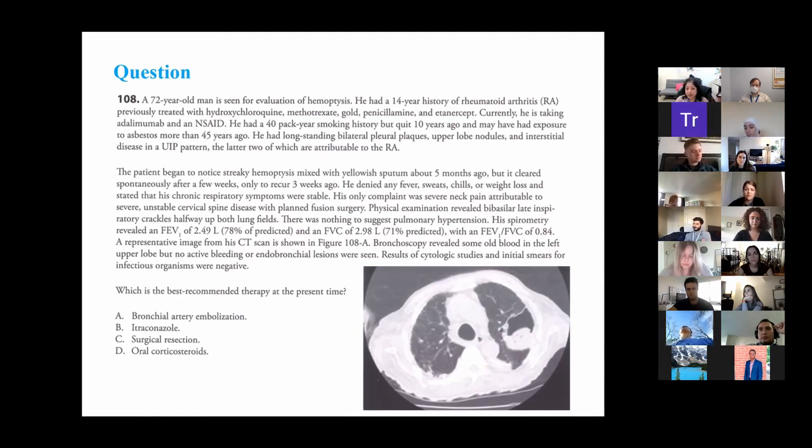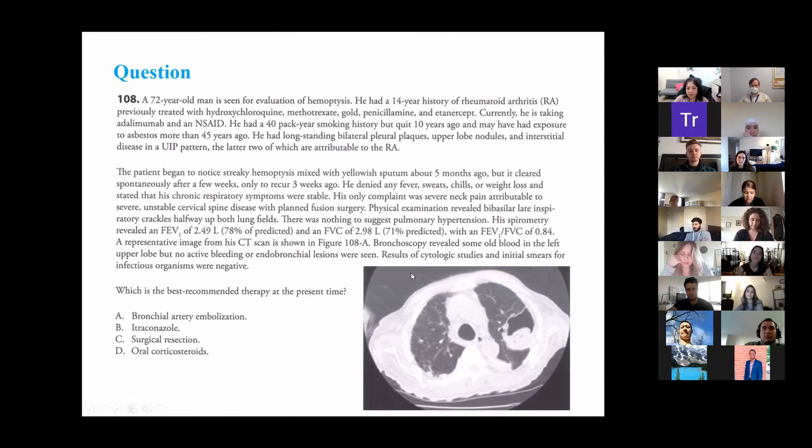But since he's relatively stable and his lung function actually looks pretty good, he probably can have this resected, and that is the most definitive treatment for an aspergilloma that's bleeding, because it's highly likely to recur with bronchial artery embolization. Whether or not you should treat with itraconazole, it's great. There are studies out there looking at treating, but mostly it's for people who have parenchymal disease, so a surrounding infiltrate that you think is related to the aspergillosis.